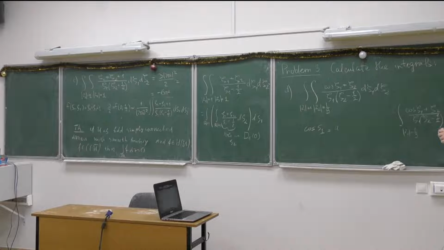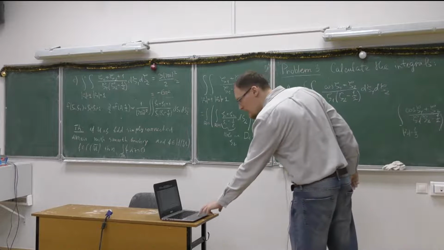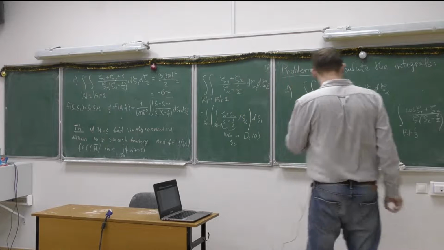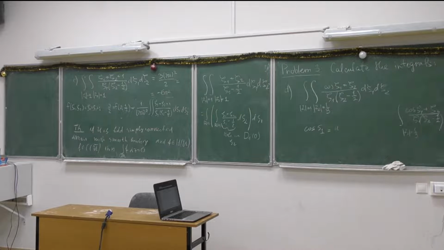In order to check this, we have to examine whether the point 1/2 lies in the disk or not. It does not lie. Therefore, the only singular point lies outside the domain. Our function is perfectly holomorphic in the disk of radius 1/3, including the boundary, because the point 1/2 doesn't lie on the boundary.